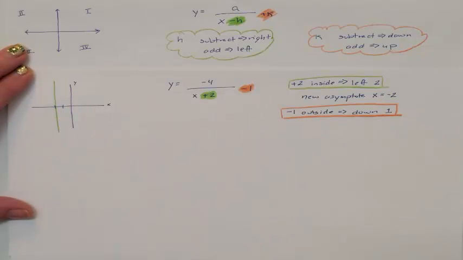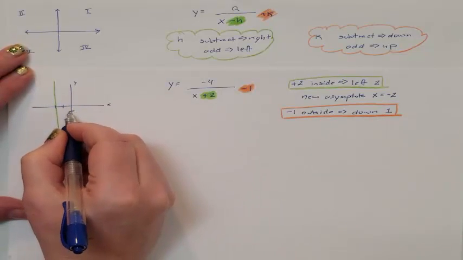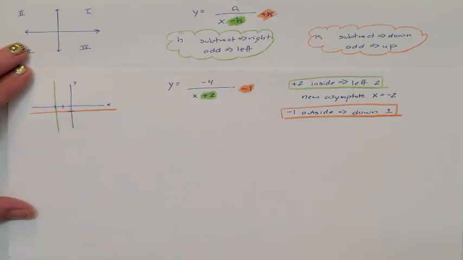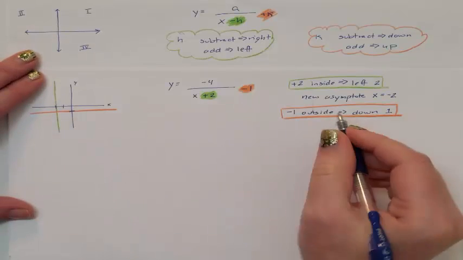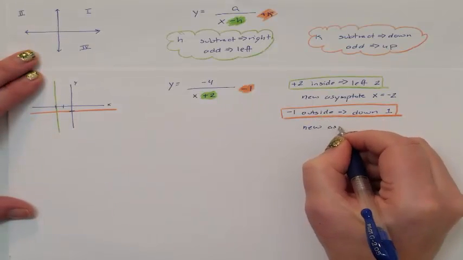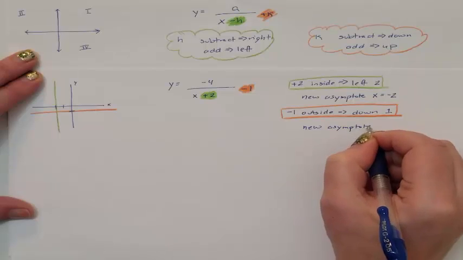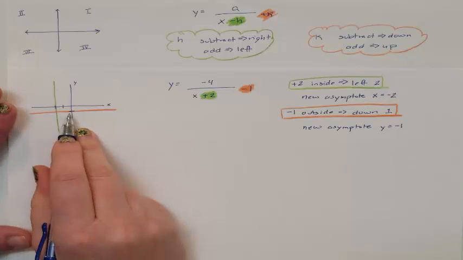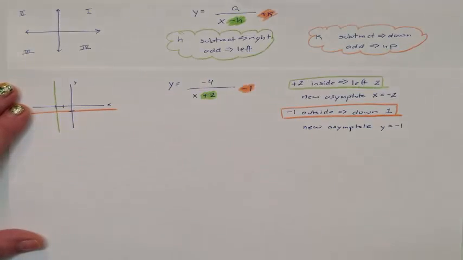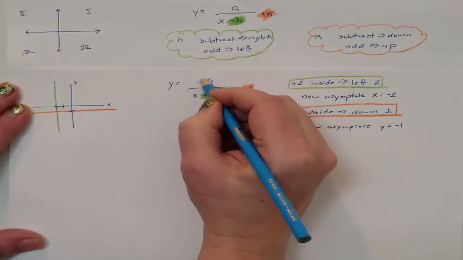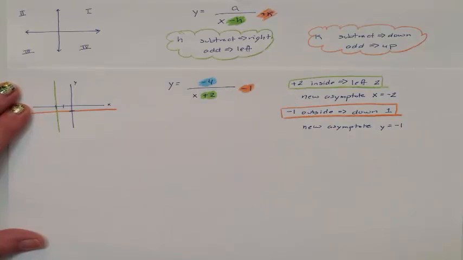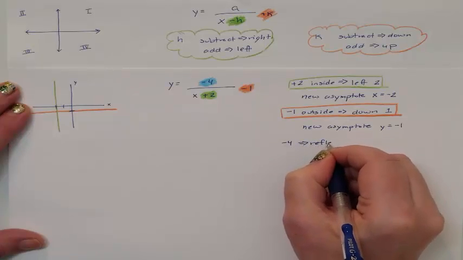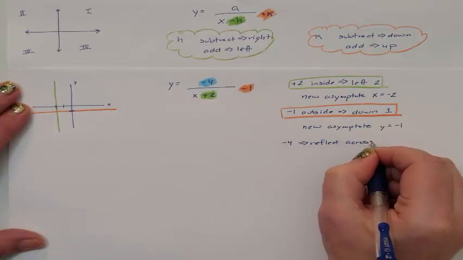I had to go down 1 spot, and my new asymptote is right here, and because it cuts the y-axis, it's a y equals asymptote. So my new asymptote is at y equals -1. The last bit is this -4 right up here, and this is what we did yesterday. The -4 tells us that we are reflecting across the x-axis.